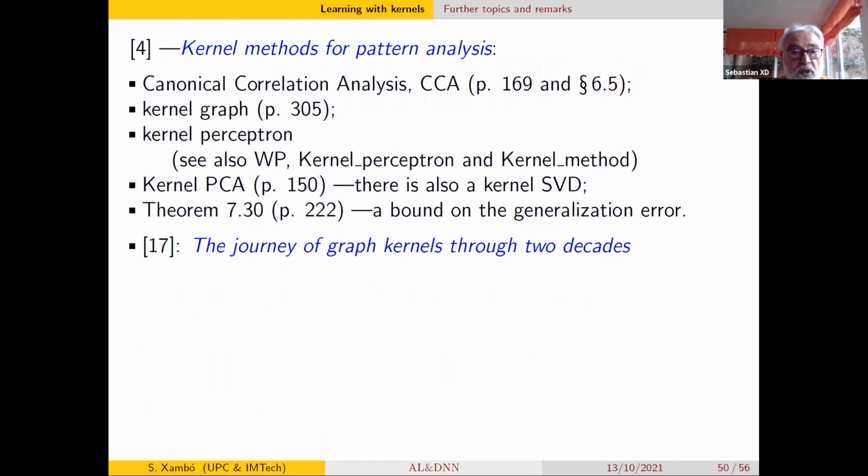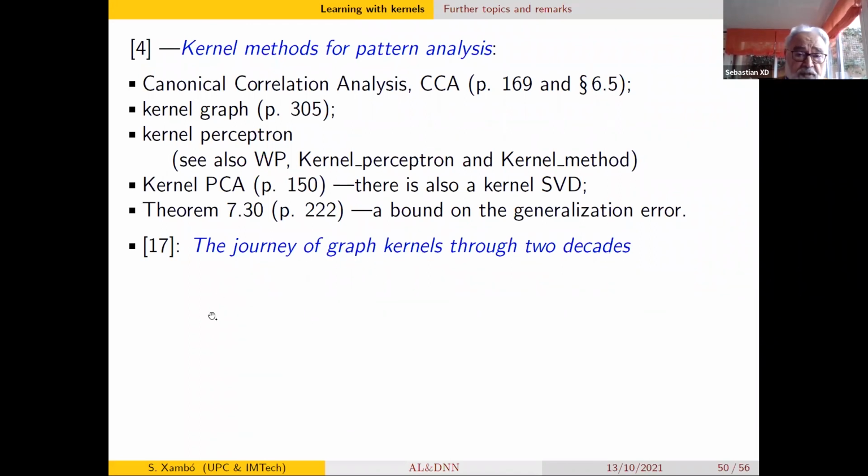Next time, there is the book Kernel Methods for Pattern Analysis, and you have ways to keep studying or being inspired by these things about kernels. Also this historical paper is very nice, The Journey of Graph Kernels Through Two Decades.